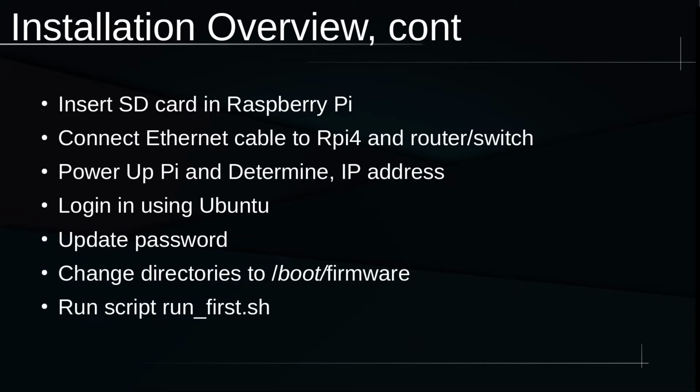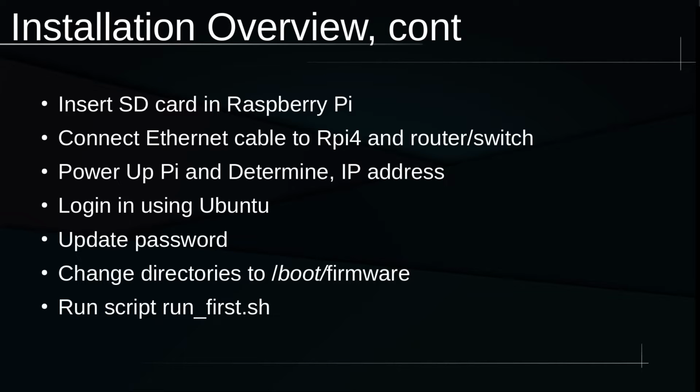From there, you insert the SD card into a Raspberry Pi, and you'll connect the Ethernet cable to the Raspberry Pi and router, power up the Pi, and determine the IP address. Then you'll use an SSH client to log into the IP address using the user Ubuntu.